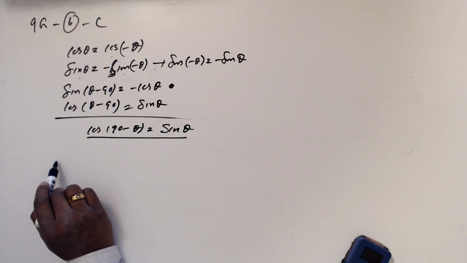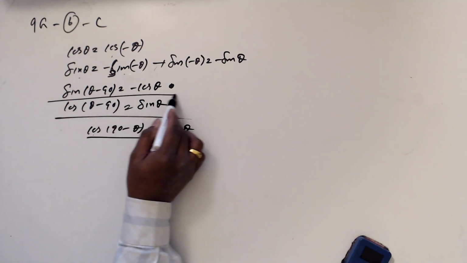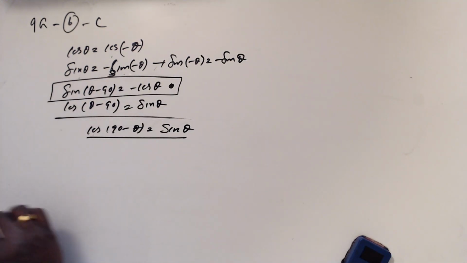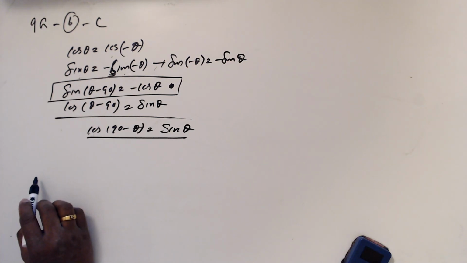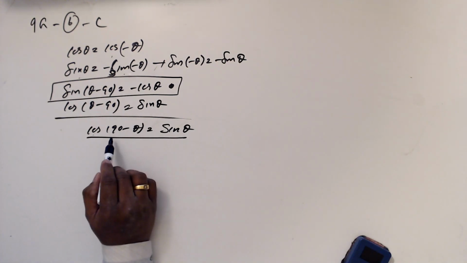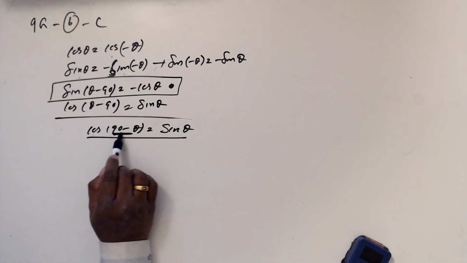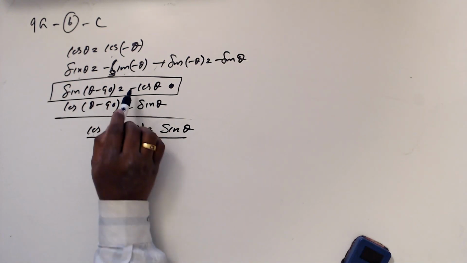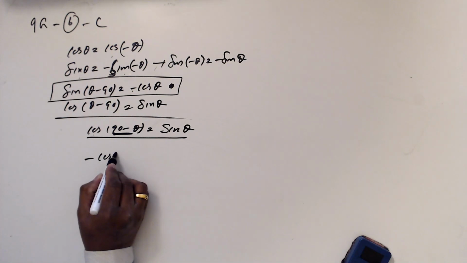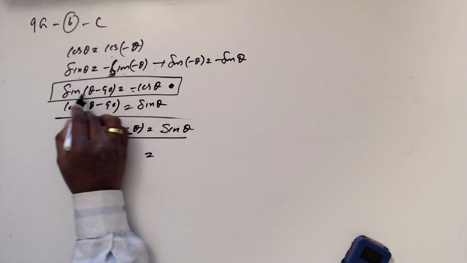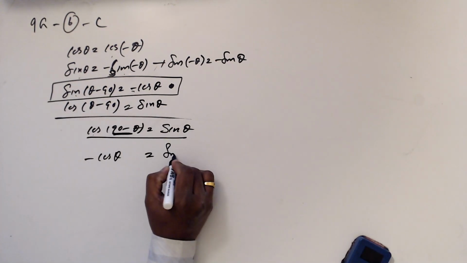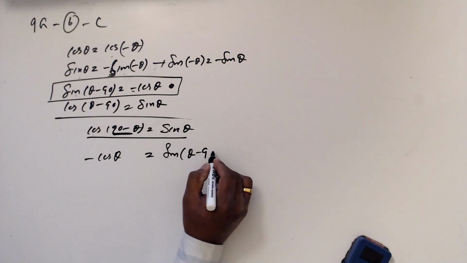I can see this one. I want to make somehow cos 90 minus theta first. So I'll write this side first. Minus cos theta equals this is sine theta minus 90.